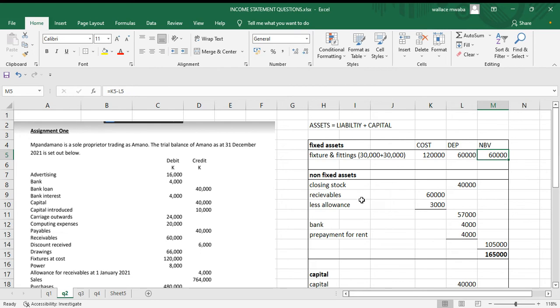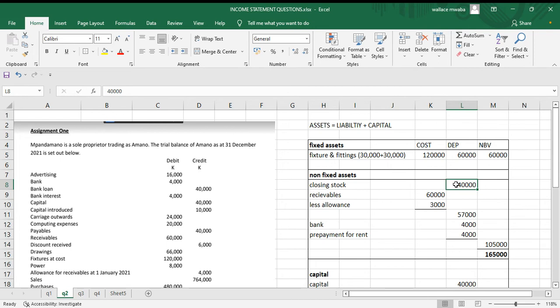Now we're going to go to the non-fixed assets. These are going to be used up within a year. They are not like the fixed assets which we tend to own over a year. First, we're going to record our closing stock, the stock we remained with.